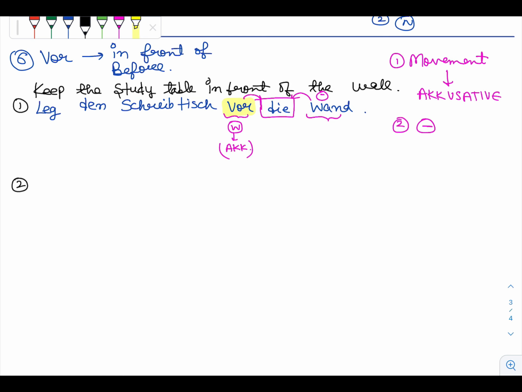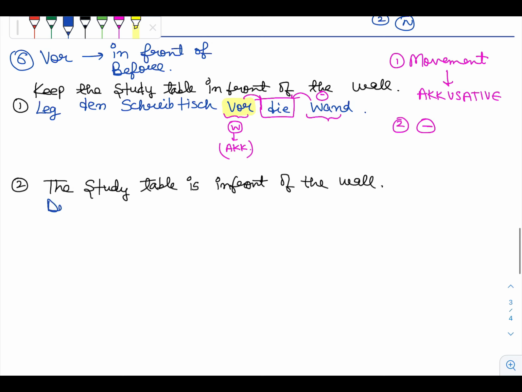Second example, the study table is in front of the wall. The study table is in front of the wall.